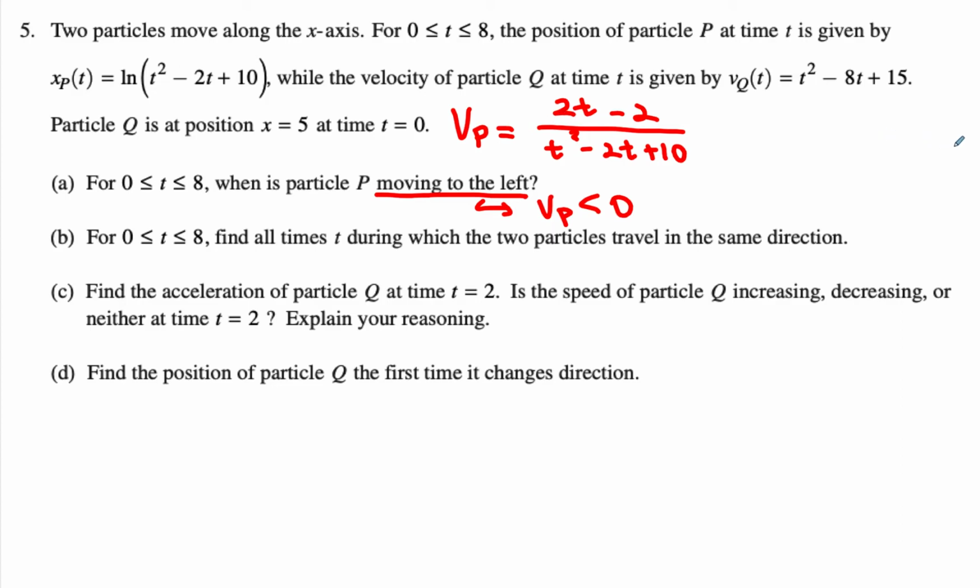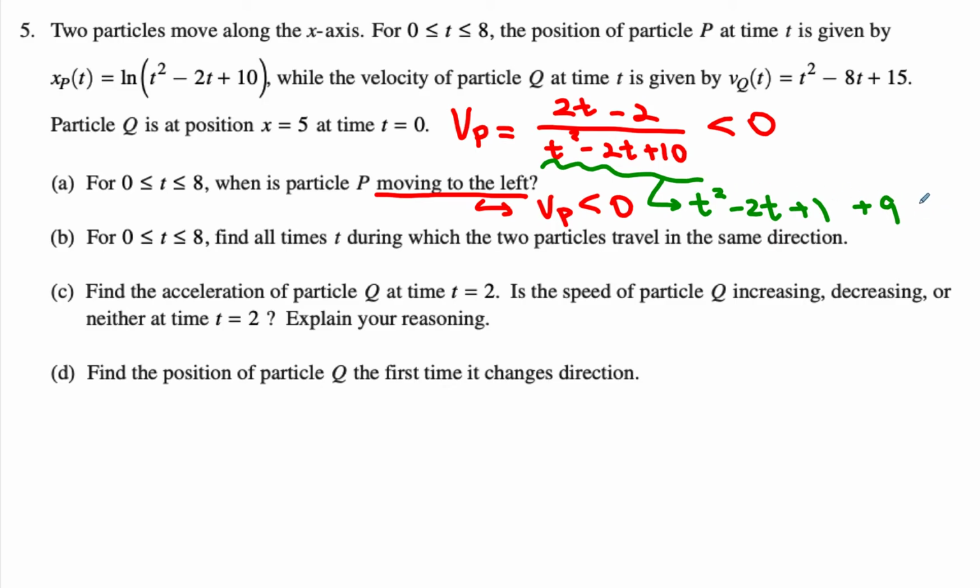Now, one thing we get to realize is that this has to be less than 0. From 0 through 8, this denominator will always be positive. Because if you think about it, I can rewrite this in two steps: t squared minus 2t plus 1, that's already a perfect square, but we are adding 9 to it.